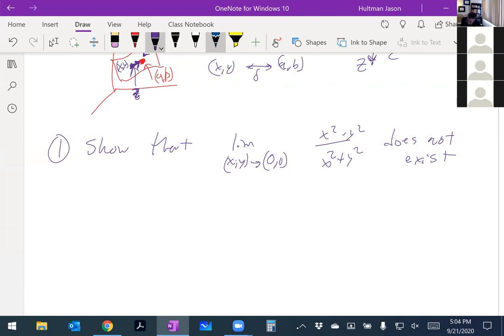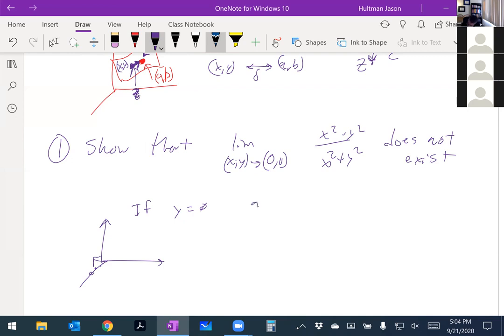So if y equals 0, if we approach along the x-axis, let y equal 0. Let's think about this for a second. What happens when y is 0? That means that x is allowed to move, but y isn't. And so what does this mean?